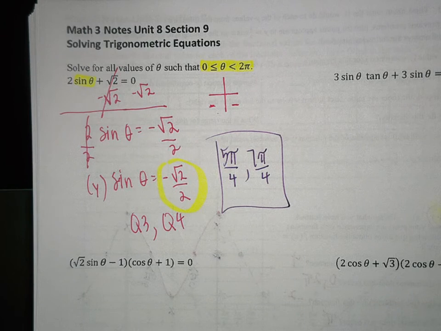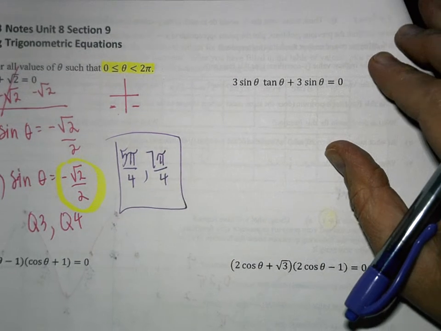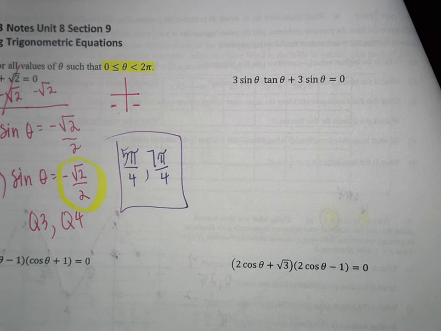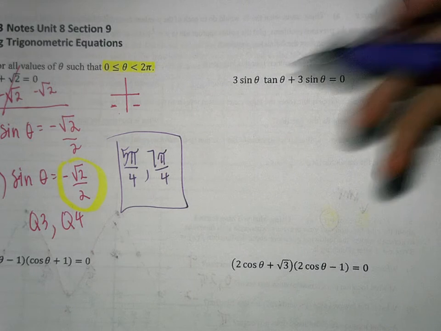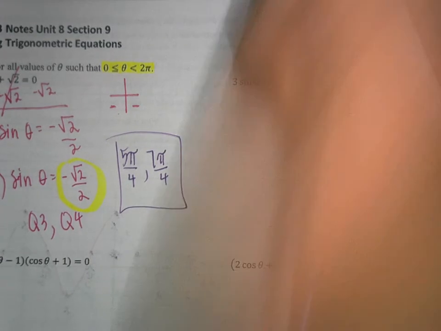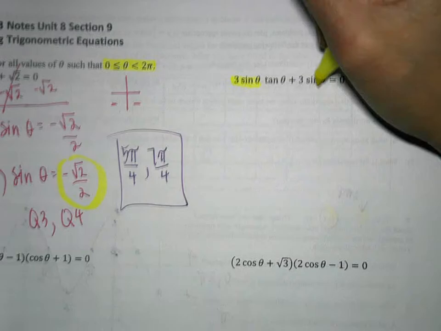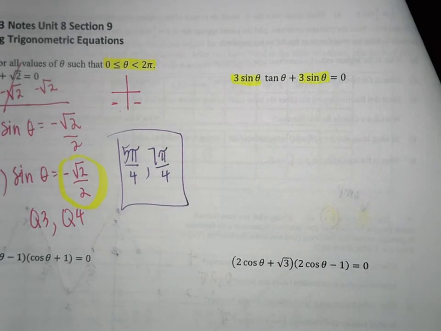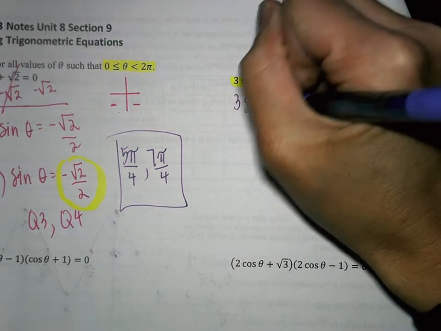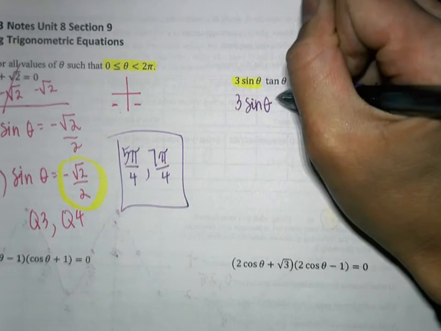Okay, so let's go ahead and do this next one. This one looks a little bit more complicated, but you guys can handle it. The first thing that we are going to do is factor out. Notice here that both of these have 3 sine theta. And so that's going to be my GCF, 3 sine theta.